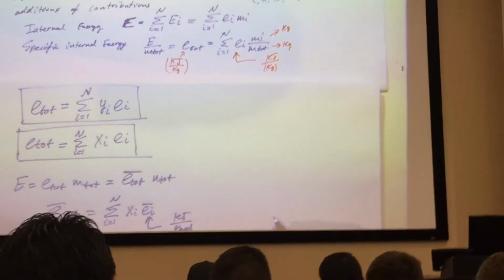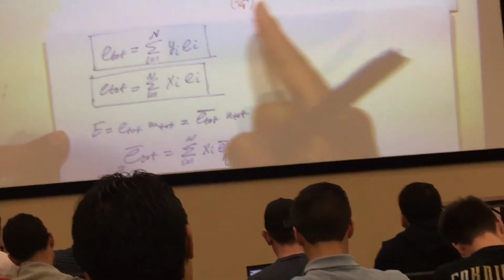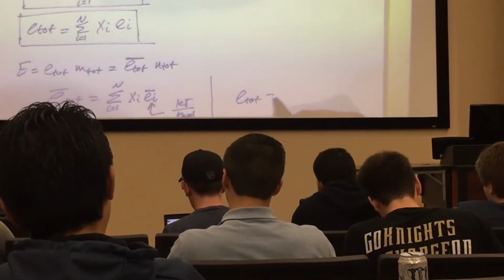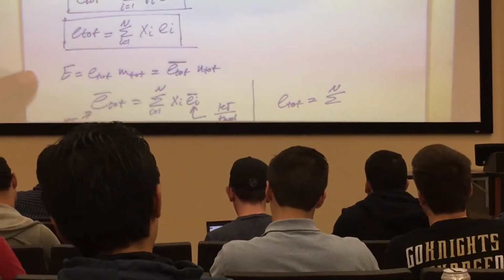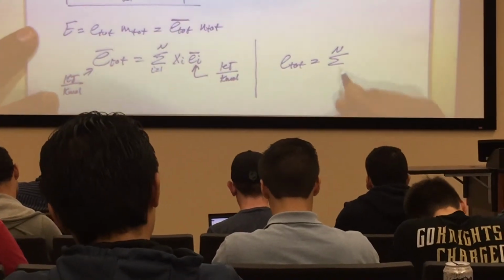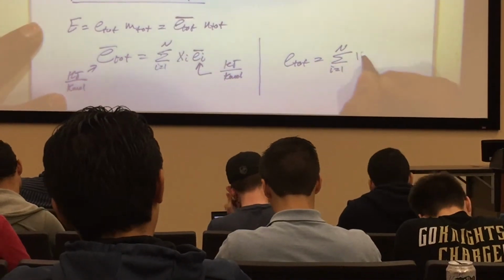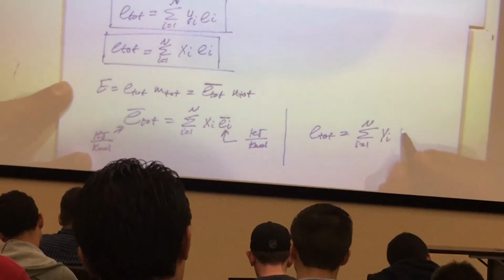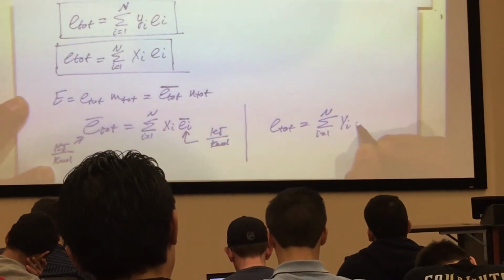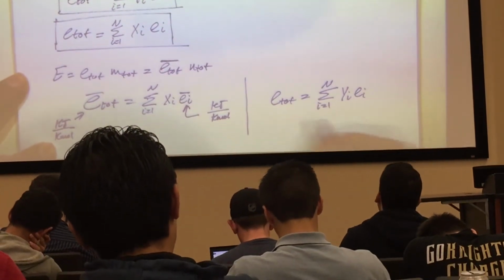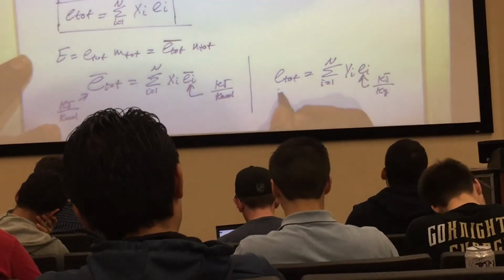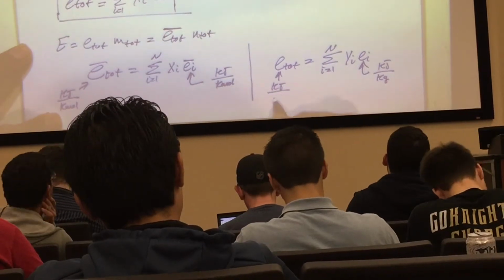So let me write the other one again. Let me write them side by side. E total is equal to the summation of i equals 1 to n, the individual mass fraction multiplied by e of that species. So this will be kilojoules per kilogram. This is kilojoules per kilogram.